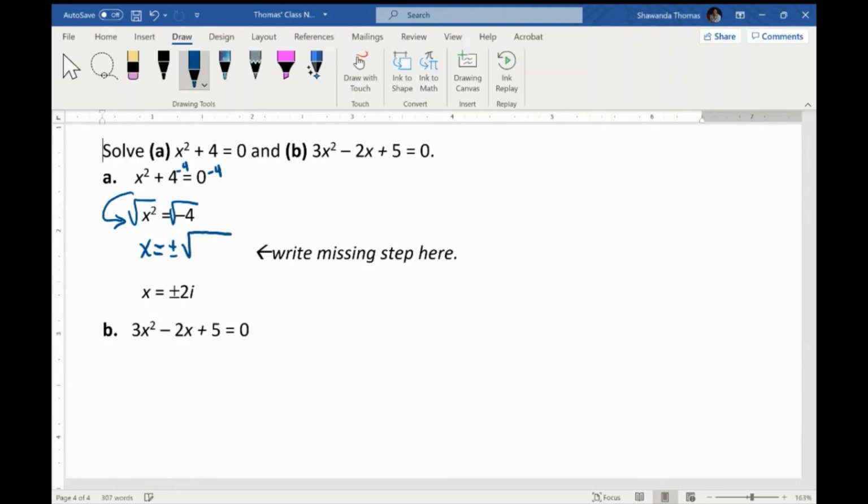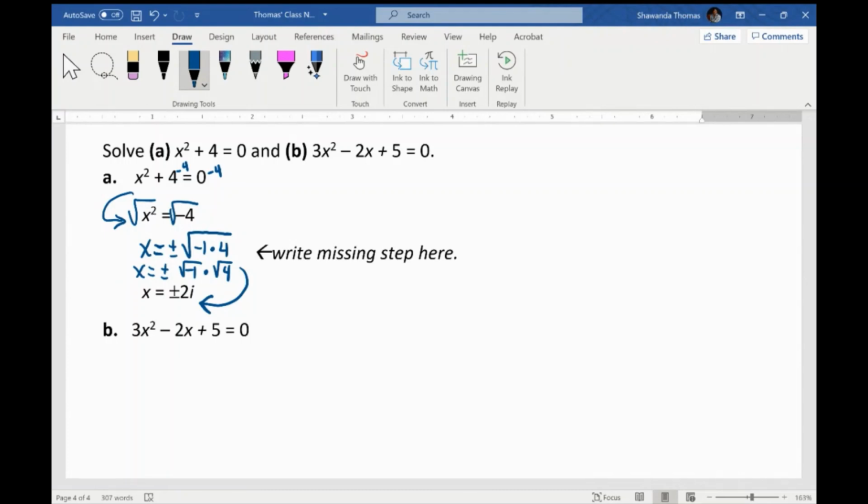But let's break down -4. How can we rewrite the radical? -1 and 4. Yep, -1 times 4, which equals plus or minus the square root of -1 times the square root of 4, which y'all see is plus or minus 2i.